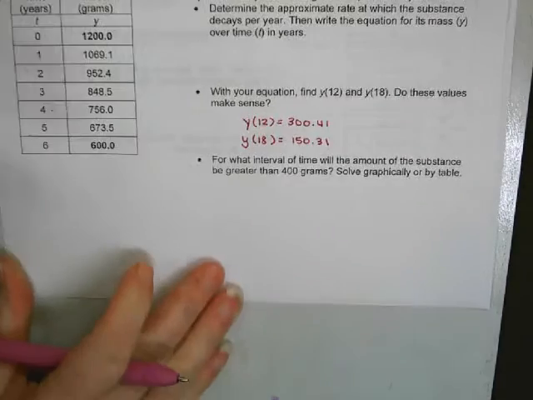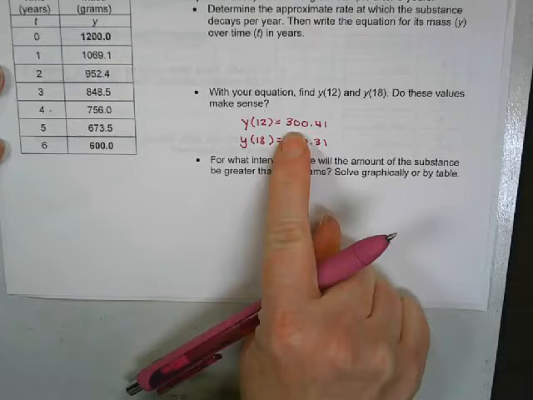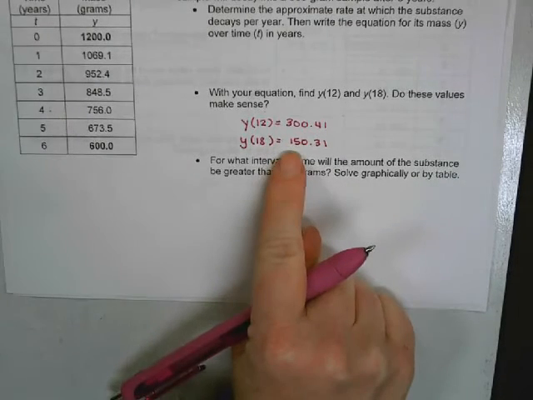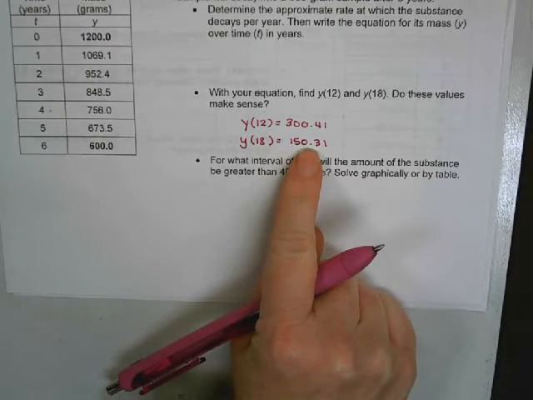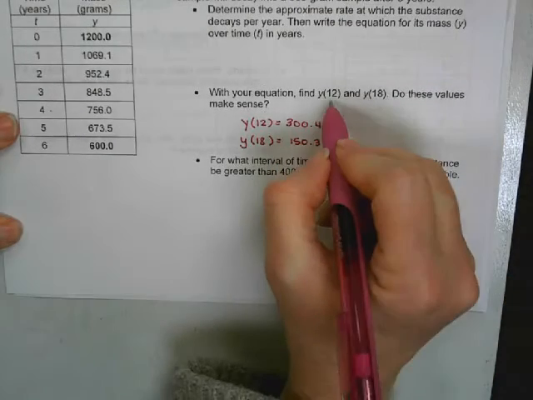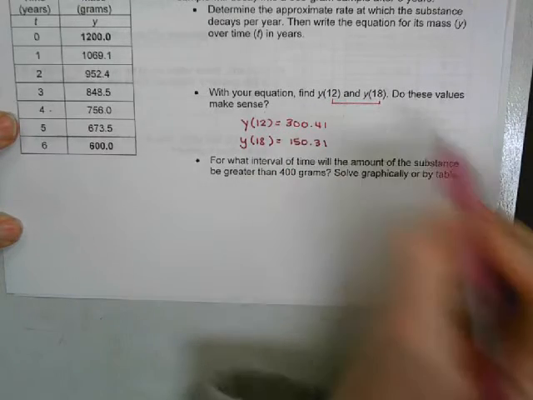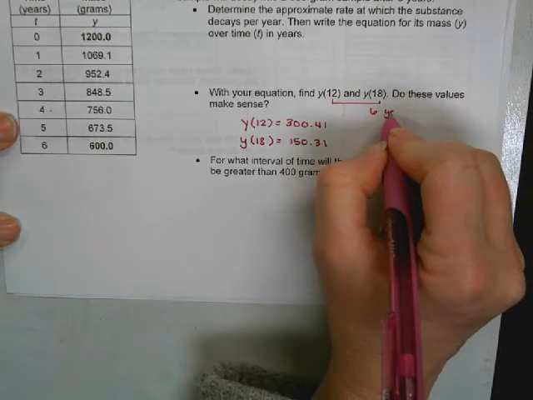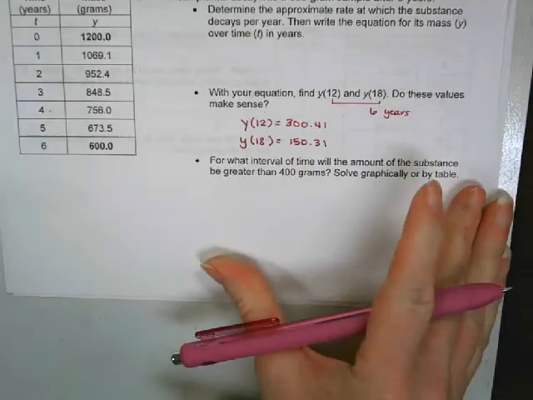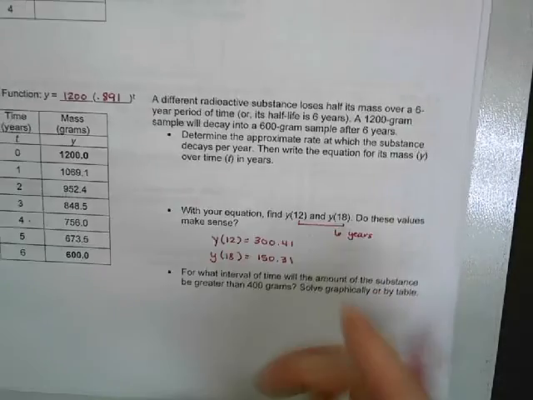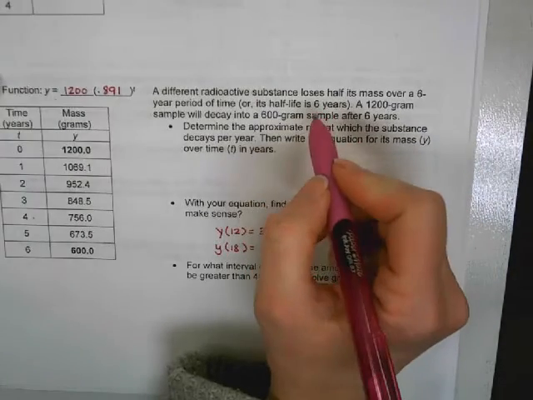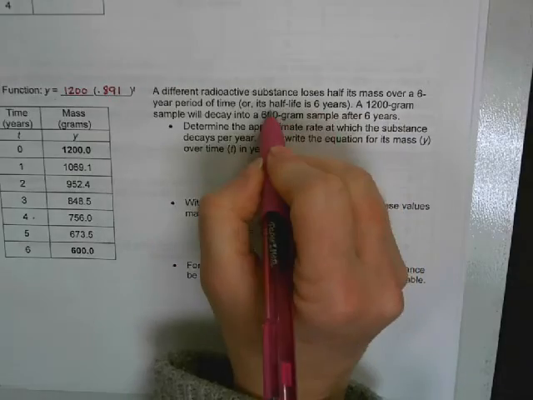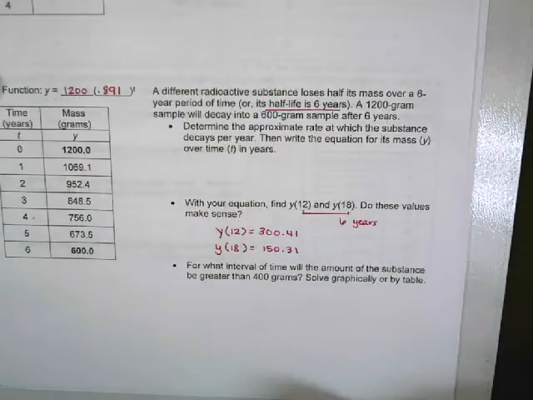Okay. So I got y12 to be 300.41 grams and y18 to be 150.31 grams. So how far apart are 12 and 18? Barely 6, and these are years. So they're 6 years apart, and I know it was yesterday, but when we read this, it said up here that this substance, whatever it happens to be, has a half-life of 6 years.